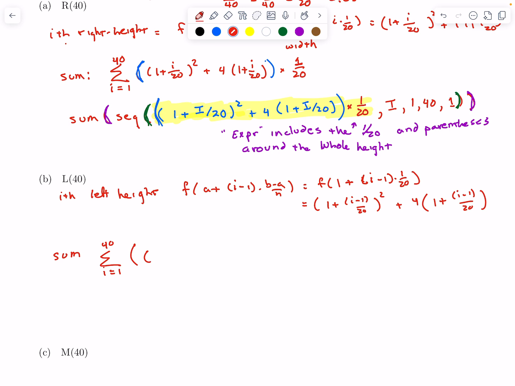Parentheses around the thing you need to square. Extra parentheses around i minus 1. Why did we need extra parentheses? Because we need to multiply by the width.